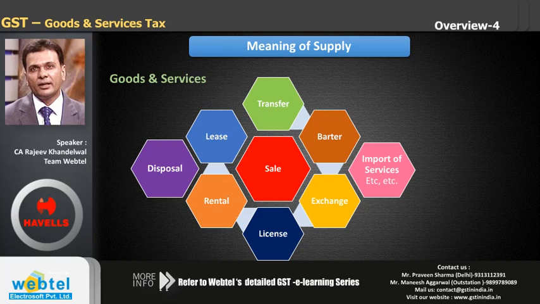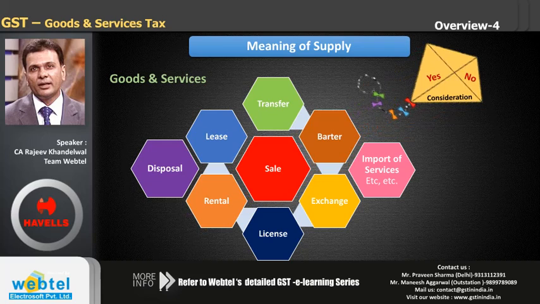So, in fact, most of the transactions are covered under supply. And another question will arise here: whether consideration is necessary for supply to be taxable under GST. The answer is no. In most of the cases, supply will be taxable irrespective of whether there is a consideration or not.